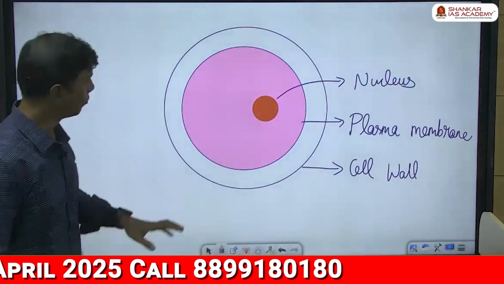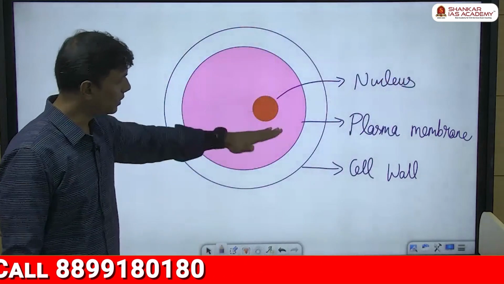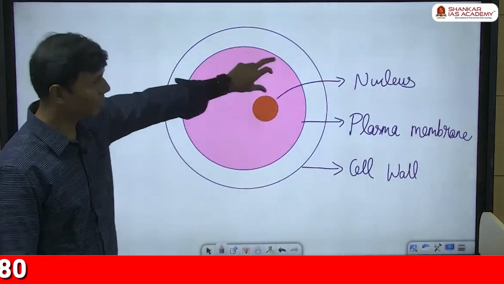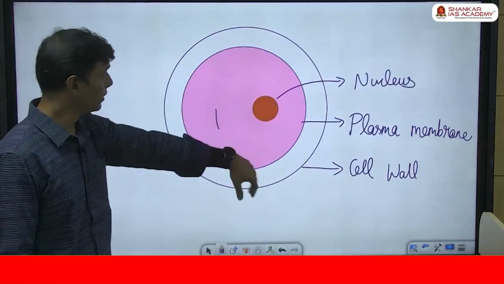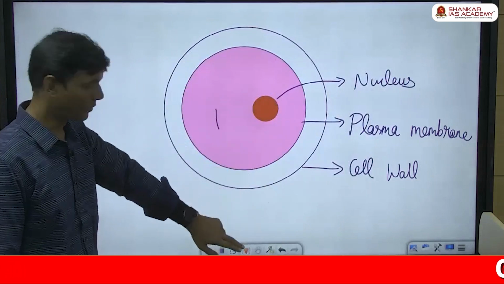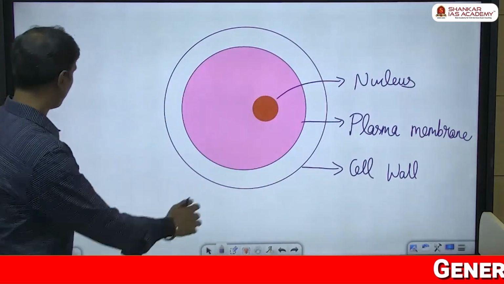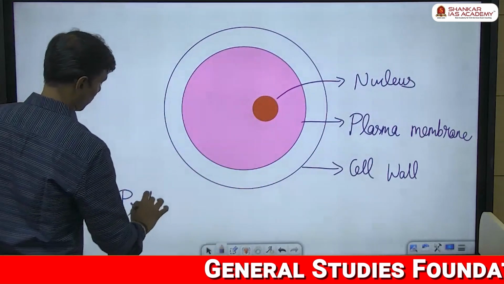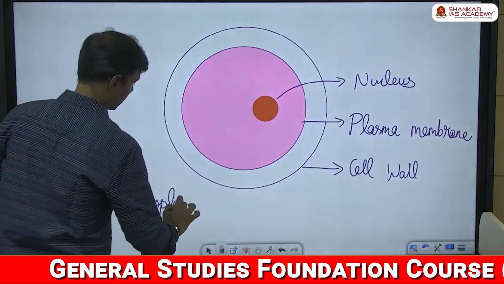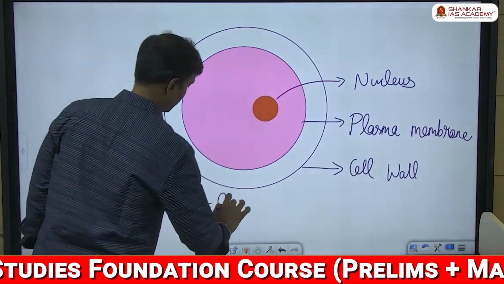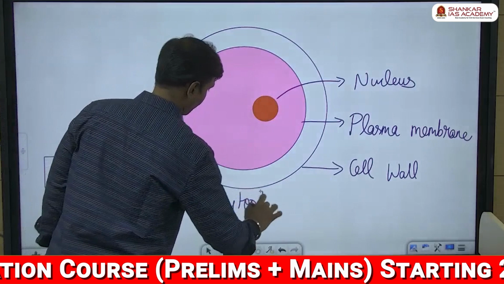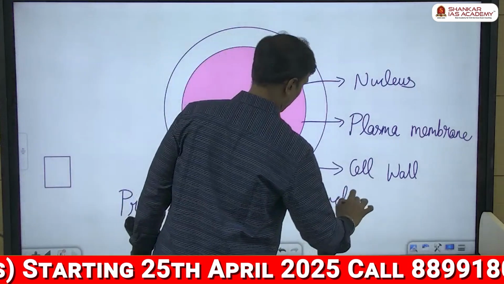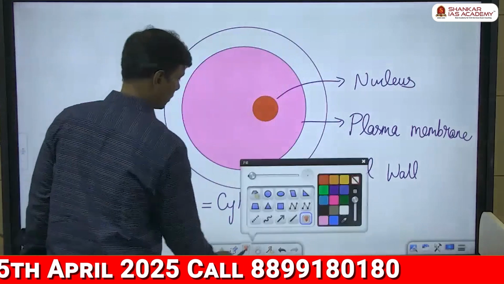nucleus. If you take everything outside the nucleus but within the plasma membrane, do you see a disc-shaped portion in that purple color? That will be called cytoplasm. I will put it this way: protoplasm equals cytoplasm plus the nucleus.